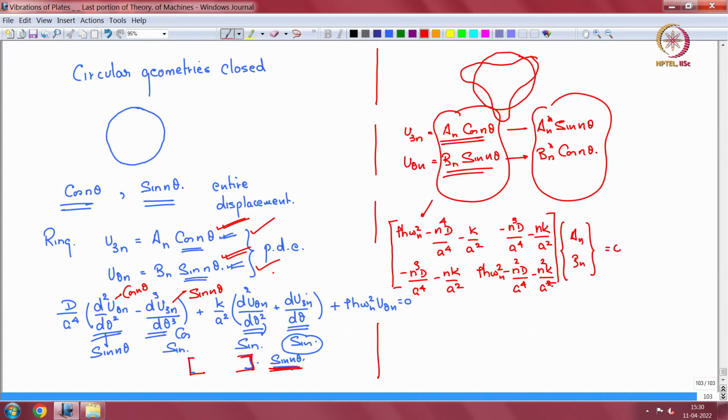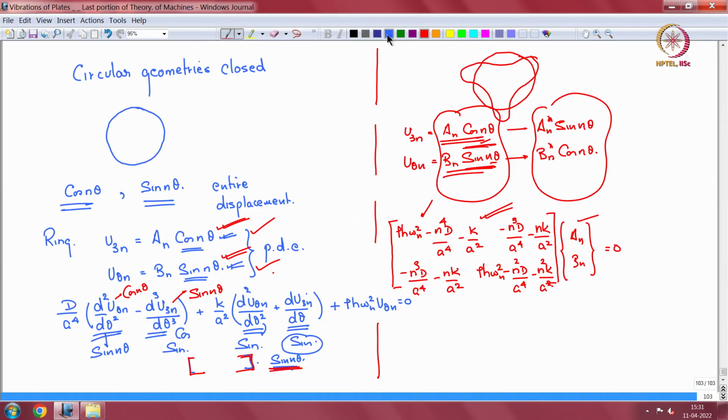Okay. So by the proper use of these modes, we have made it into an algebraic matrix and the coefficients. The spatial dependent expressions are gone, okay, got removed.